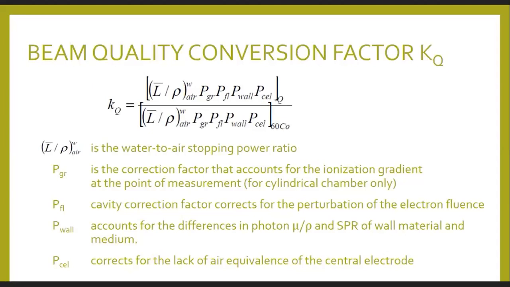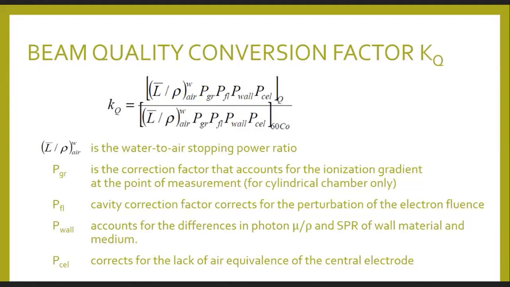So if we go through each one of them, the first factor is the stopping power ratio, water to air, for the user beam quality and for the reference beam quality, the cobalt 60 beam. Then the second one is the correction factor that accounts for the gradient at the point of measurement.